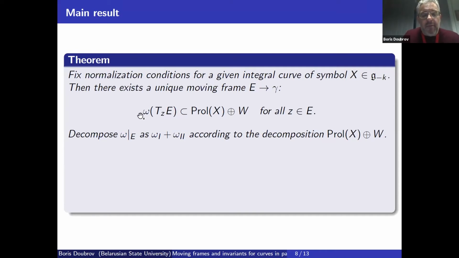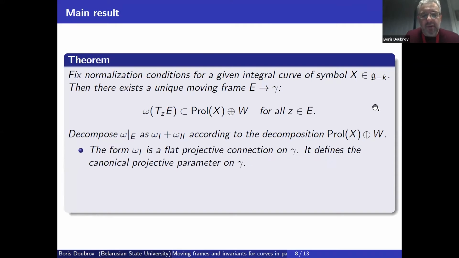So now we can reformulate this in a more precise manner. I'll outline the proof a little bit on the next slide. But suppose we believe we can construct such a moving frame, then we can decompose omega as omega 1 plus omega 2, where omega 1 takes values in the prolongation of x, and omega 2 takes values in this W of our normalization conditions.